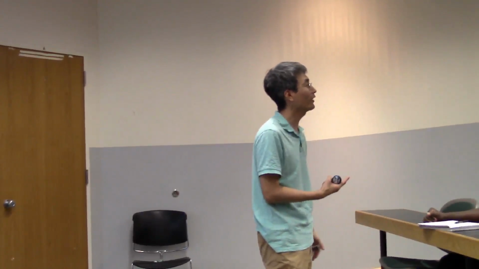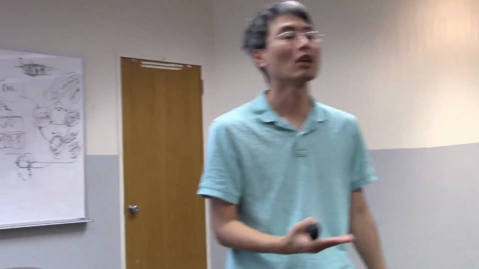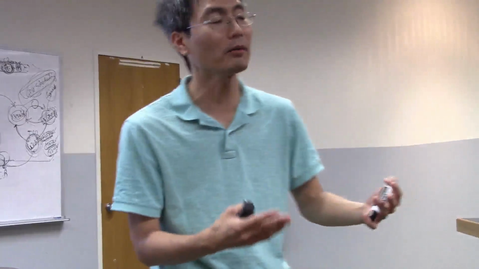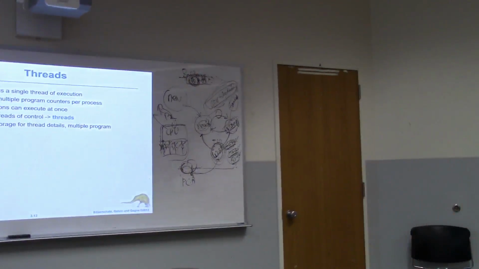Thread is basically a sequence of instructions. We cannot process two instructions at one time, so it's a series of instructions. Traditional computer architecture allows one thread per process.